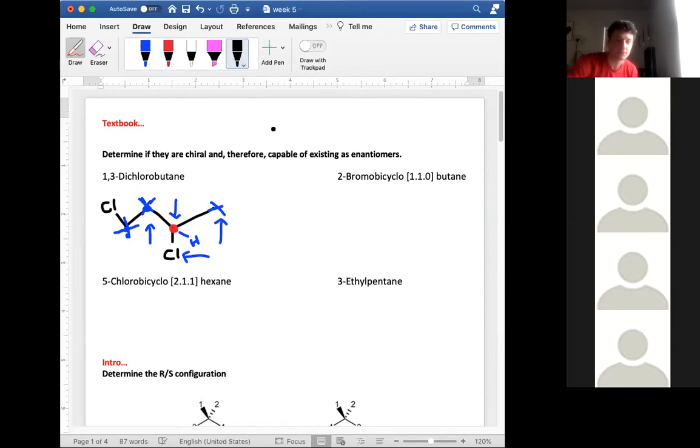All right, moving along. Again, I'm just going to draw these ones out for you guys. All right, so based on this molecule, based on this drawing, do you guys see a chiral center?